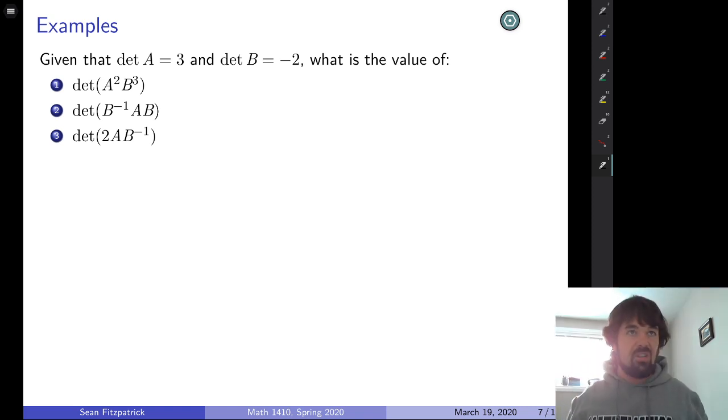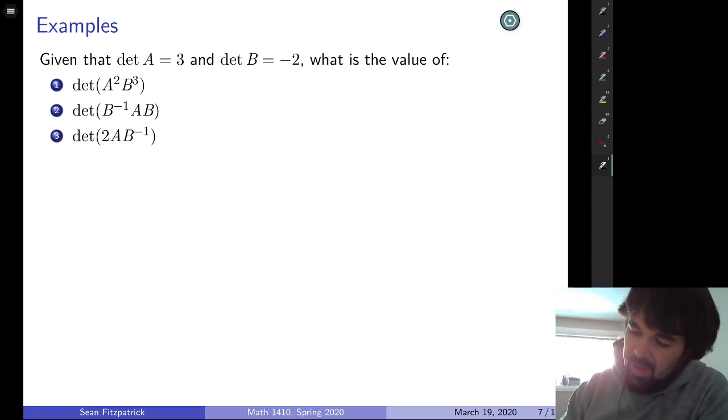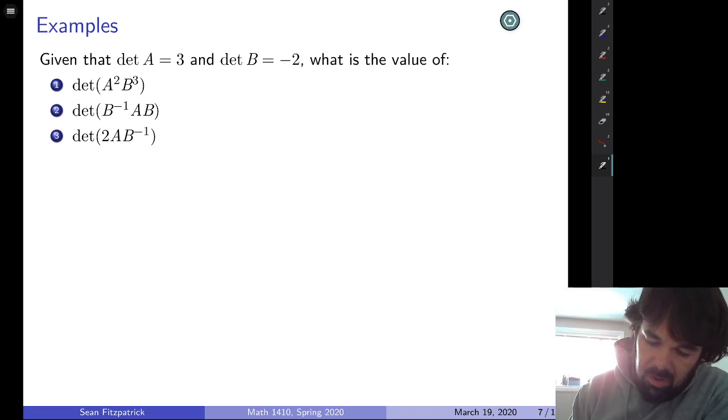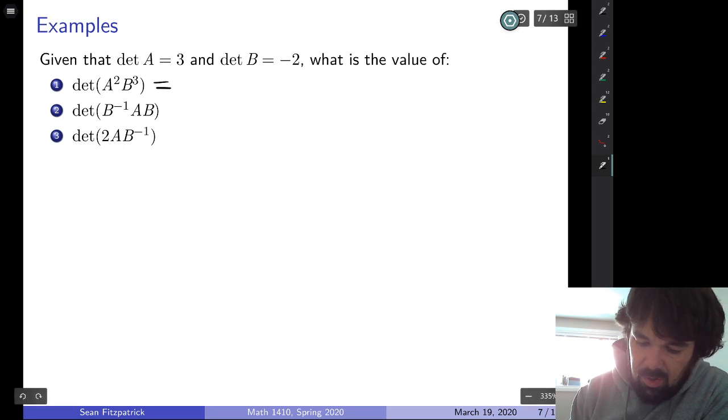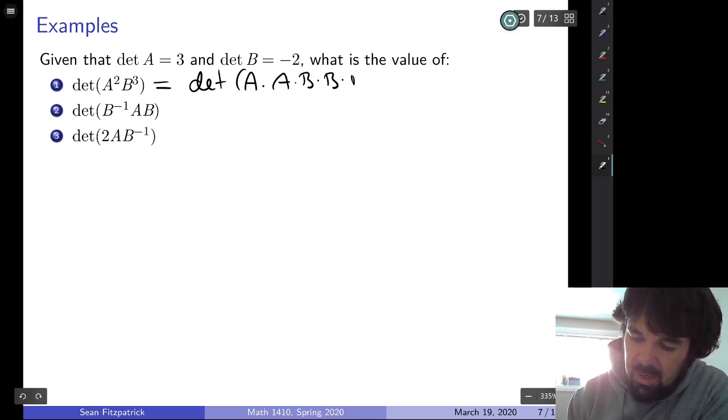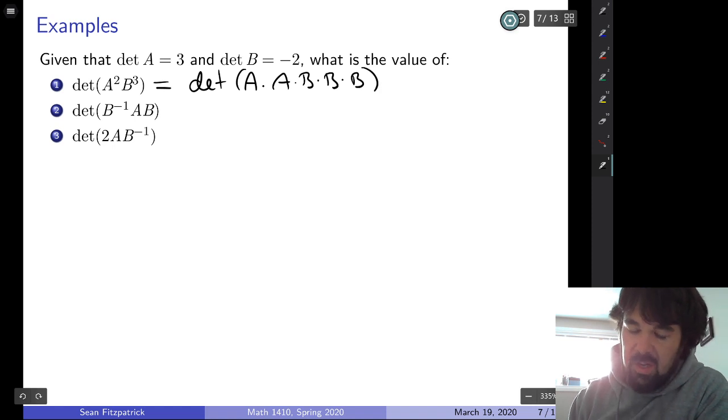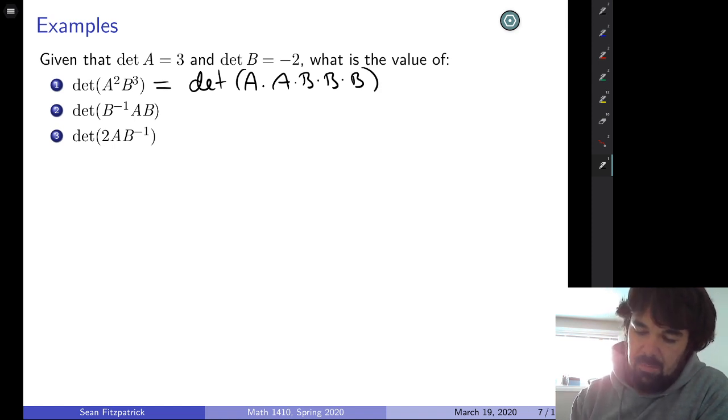We don't actually need to know what the matrices were. All we need is the determinants, because we can say the determinant of A squared times B cubed is the determinant of A times A times B times B times B. And you can use that product property for products of three or more matrices as well.